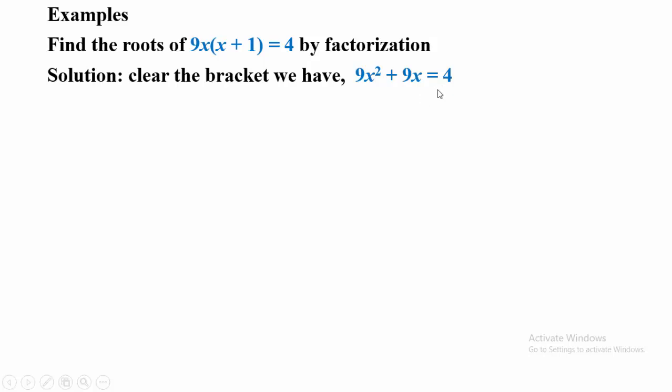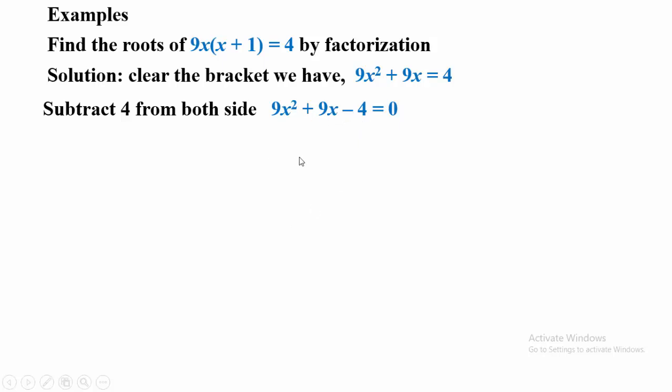So to do that, we subtract 4 from both sides, which gives 9x squared plus 9x minus 4 is equal to 0. At this side, 4 minus 4 gives 0. And when you subtract 4 from here, we are now having 9x squared plus 9x minus 4.